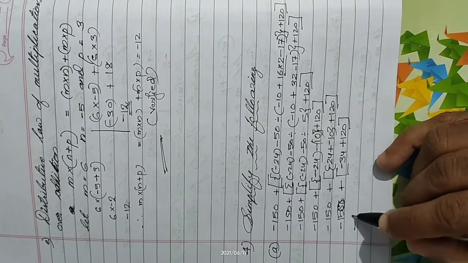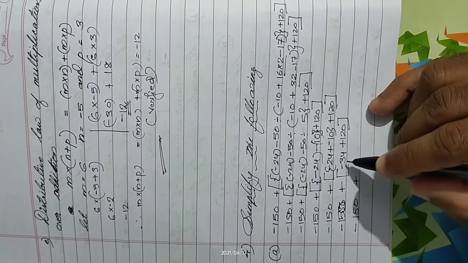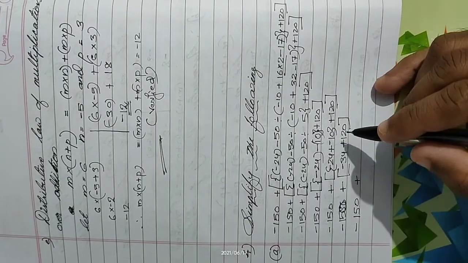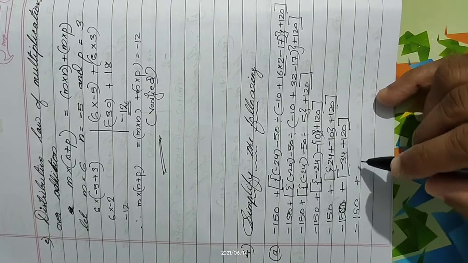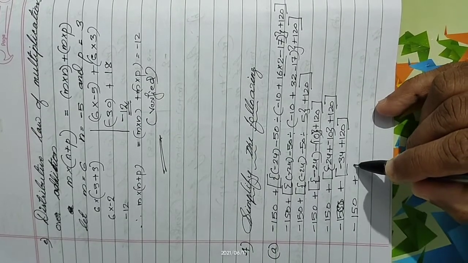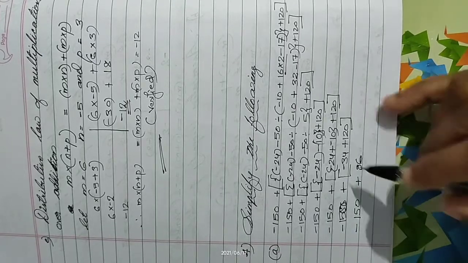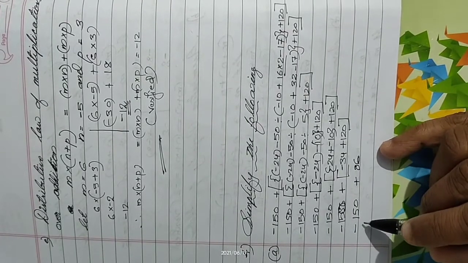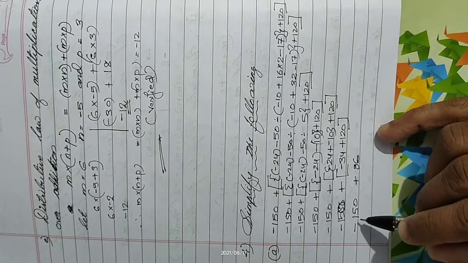Then negative 150 plus, inside this one, one is a negative number, another is a positive number. Therefore we subtract, and we get positive 86. Now this bracket is all solved, and now negative 150 plus 86. One is negative, another is positive.